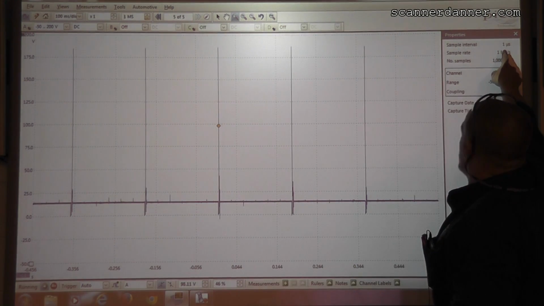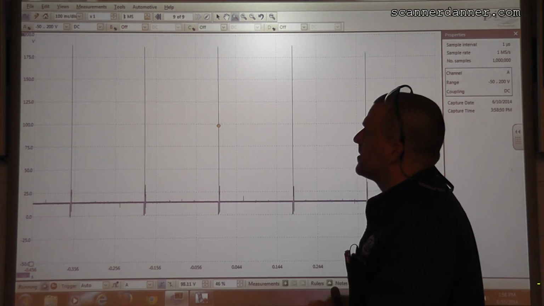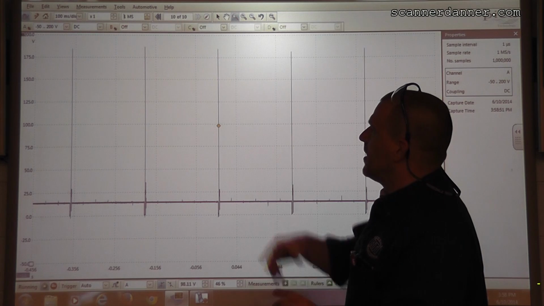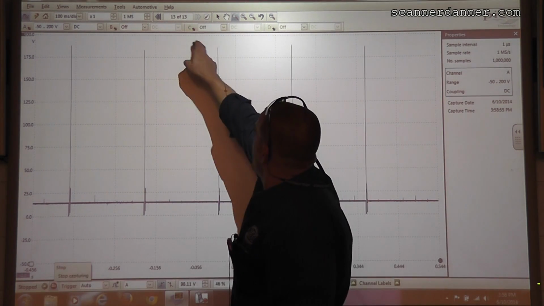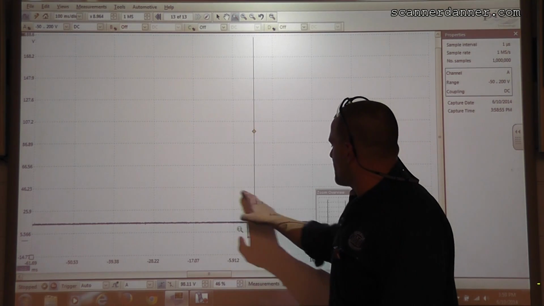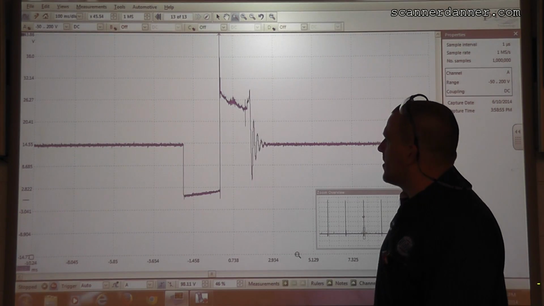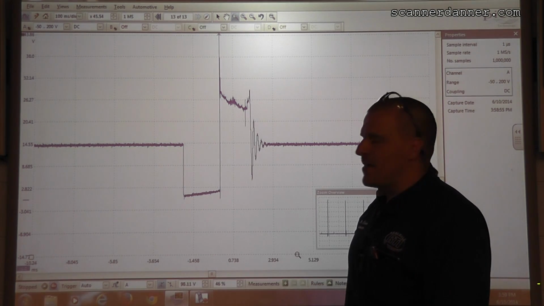Look at the sample interval is 1 microsecond now, and that's on this longer time base. 100 milliseconds per division. Let's freeze this, take a look at one event, and we won't worry about the height of the spike, but kind of focus in this area. Great detail here, right?